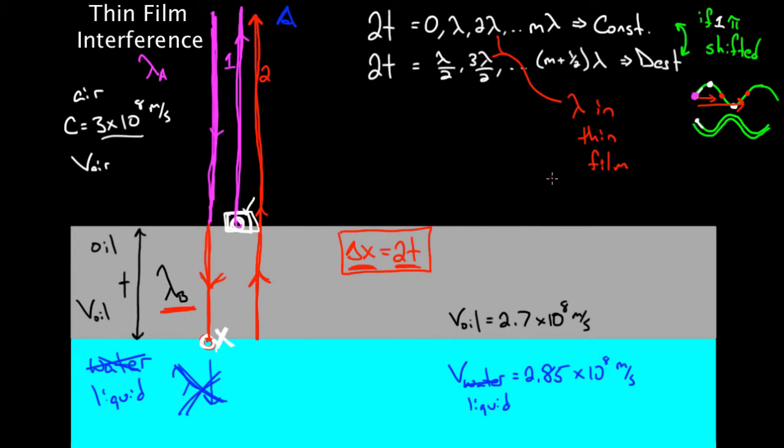Oftentimes, you're not given the wavelength in the thin film, you're given the wavelength in the air, or whatever this material is. So if you know this wavelength, how do you get the wavelength in the oil or the thin film? Well, it's not too hard. The most straightforward conceptual way to think about it is that frequency doesn't change.